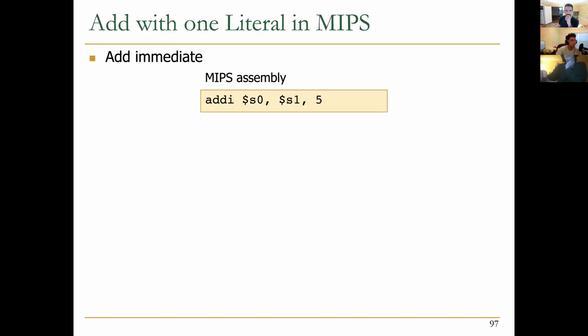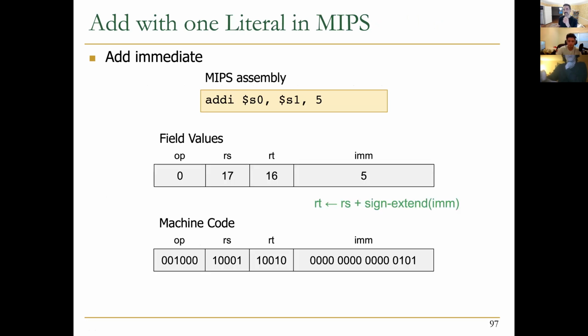So, for example, addi in MIPS would basically, after sign extending the immediate and adding it to the source register, put the result back to the target register. This is very much similar to what we had in LC3. This is obviously the encoding here.